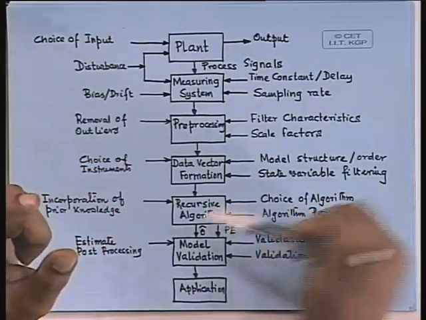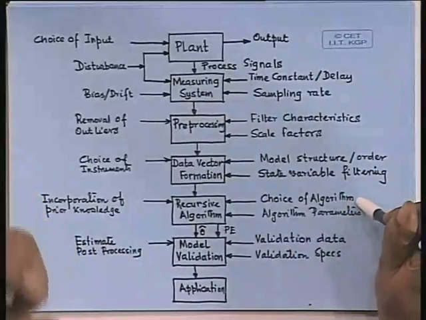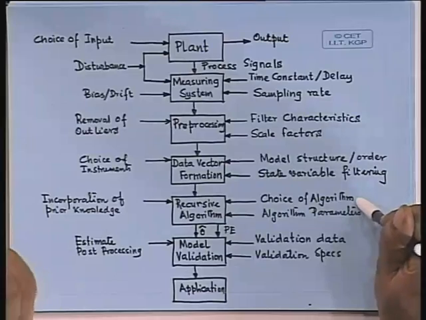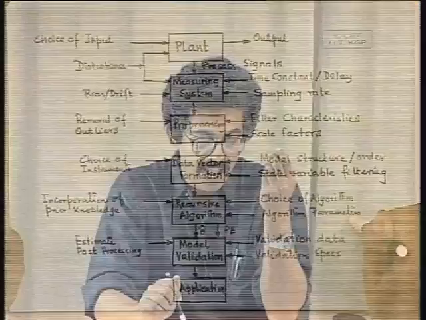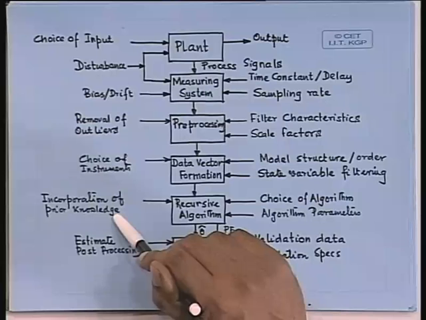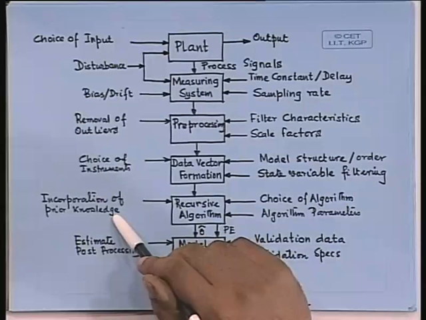So there you need to choose your algorithm. Every algorithm will involve certain parameters. For example, if you are using exponential forgetting, you need to choose the value of lambda. So you need to choose the algorithm parameters, and you also need to see to what extent you can incorporate prior knowledge.